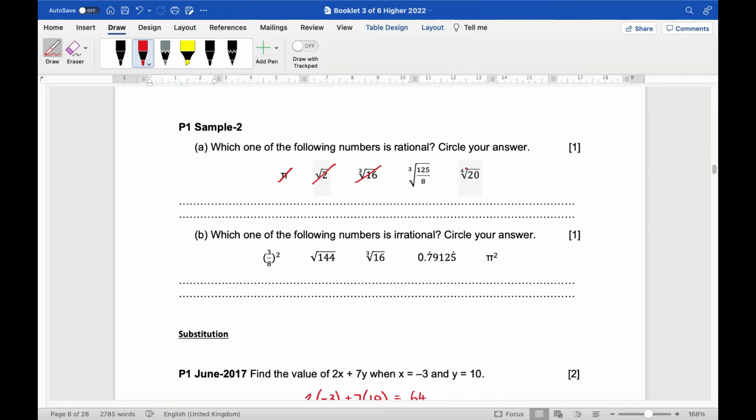There's no number that if you times it by itself 4 times you get 20. Don't say 5, because that's adding, not times. Then 5 times 5 times 5, oh, it's just a huge number. So 20 doesn't have a fourth root. However, if we cube root both of these, the cube root of 125 is 5, and the cube root of 8 is 2. So that becomes 5 over 2, which is 2.5, which is rational. Boom, take that one, okay?